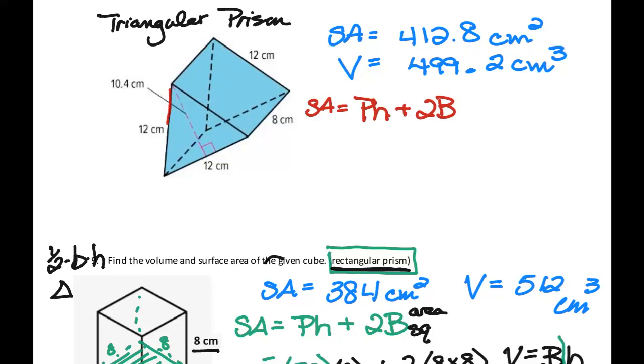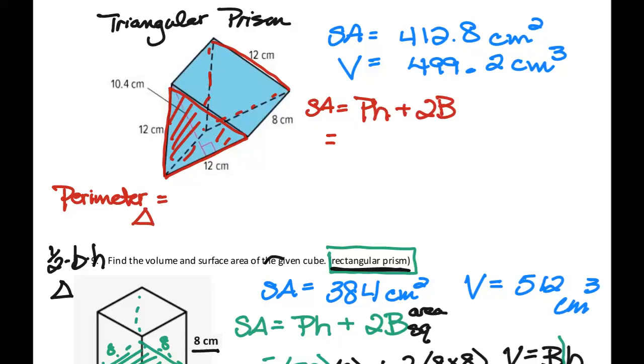So if we are looking at the base, that is this here in front and this here in the back. So the perimeter, I want the perimeter around the area of your base. So I want the perimeter of the triangle. A triangle has 3 sides.